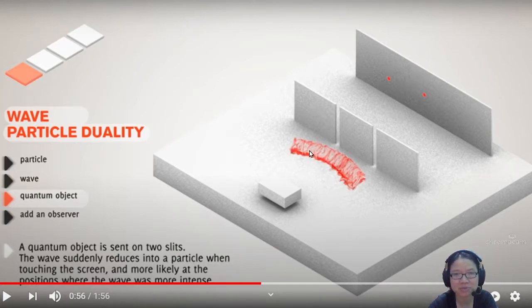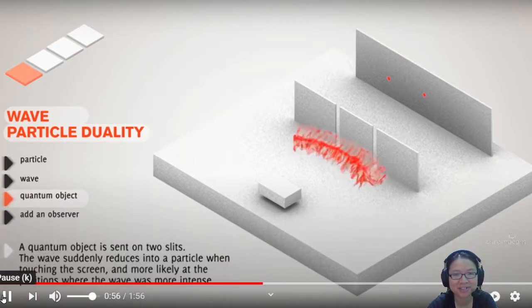To represent this in the simulation, they actually use a cloud, but it's hard for us to even imagine what is happening. When the quantum object, in this case the electron, is sent to slits, the wave will become a particle when touching the screen. So the electron becomes a wave, which will become a particle again when it hits the screen. Life is very trippy.